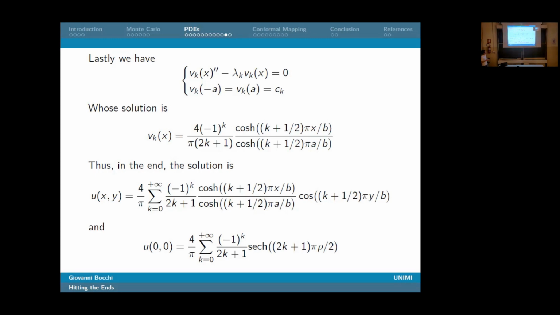If we evaluate it at the point (0, 0), we obtain this series where I replaced a over b with rho, which is the aspect ratio of our rectangle.